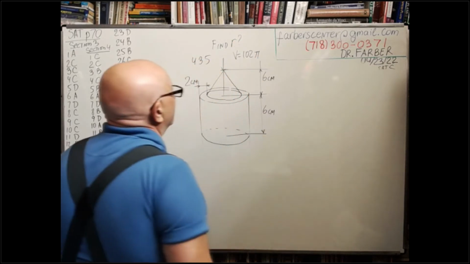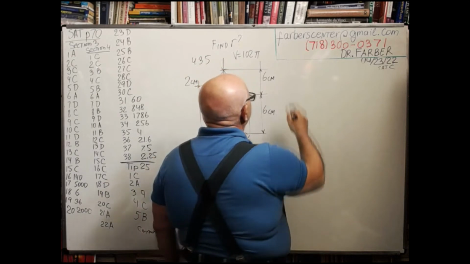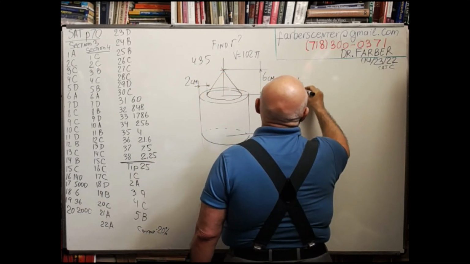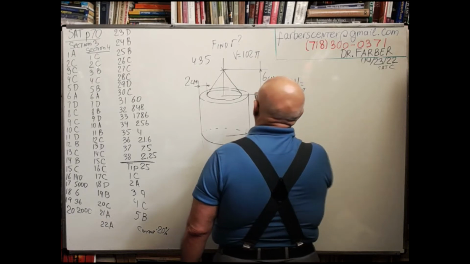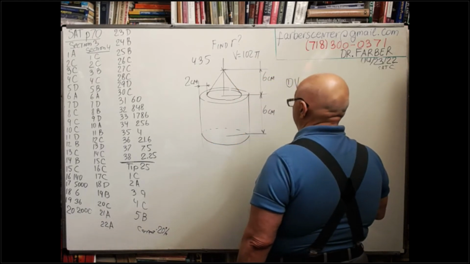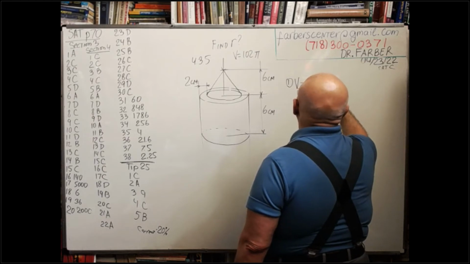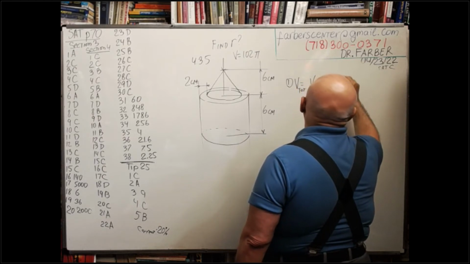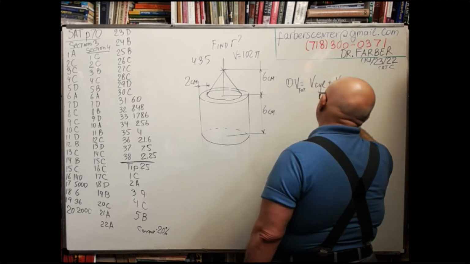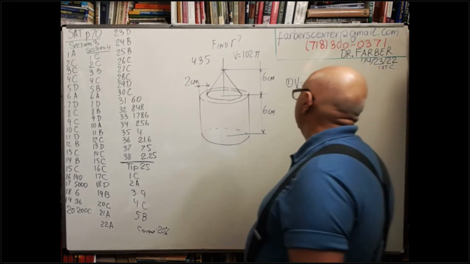Well, step number 1. Volume equals volume total, volume of part, whatever you name it, equals volume of cylinder plus volume of cone. So first we get volume of cylinder.